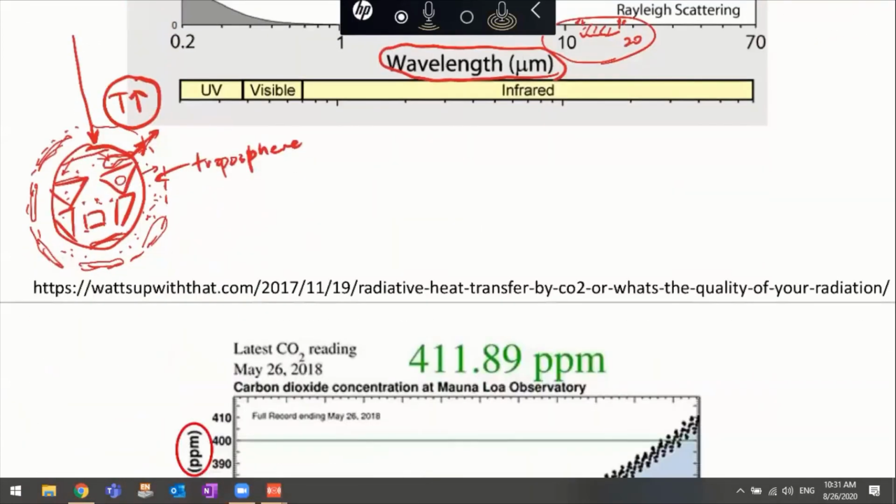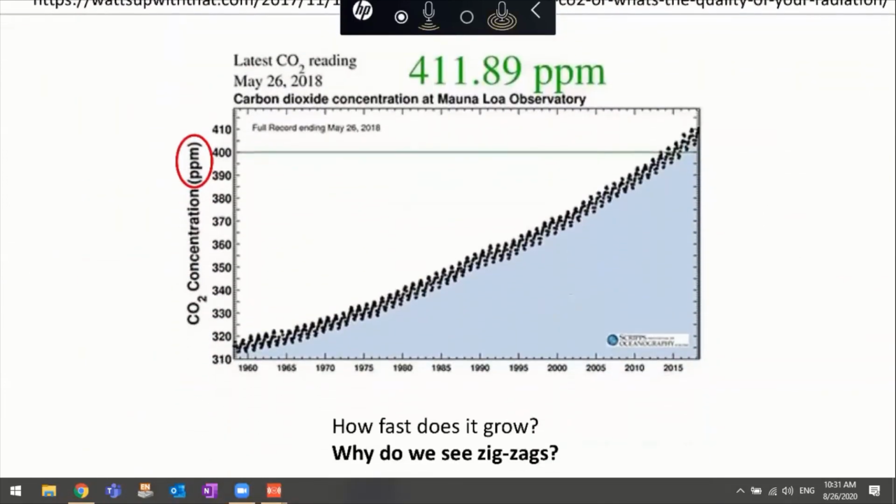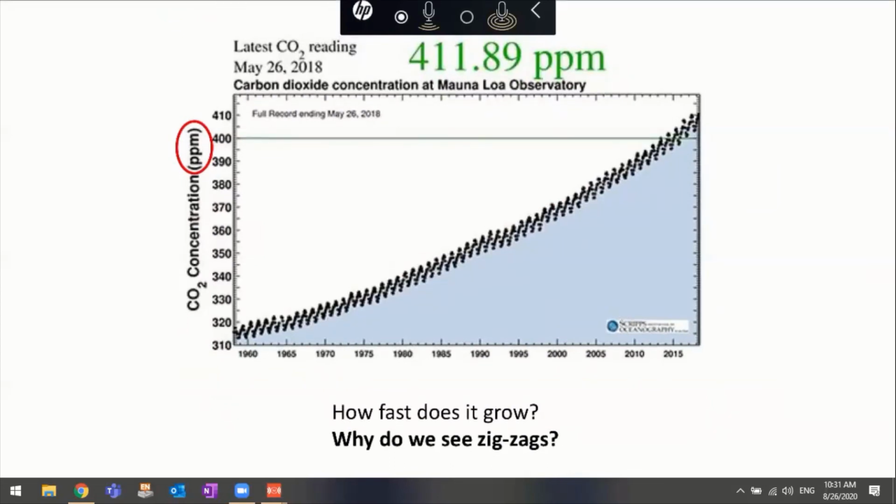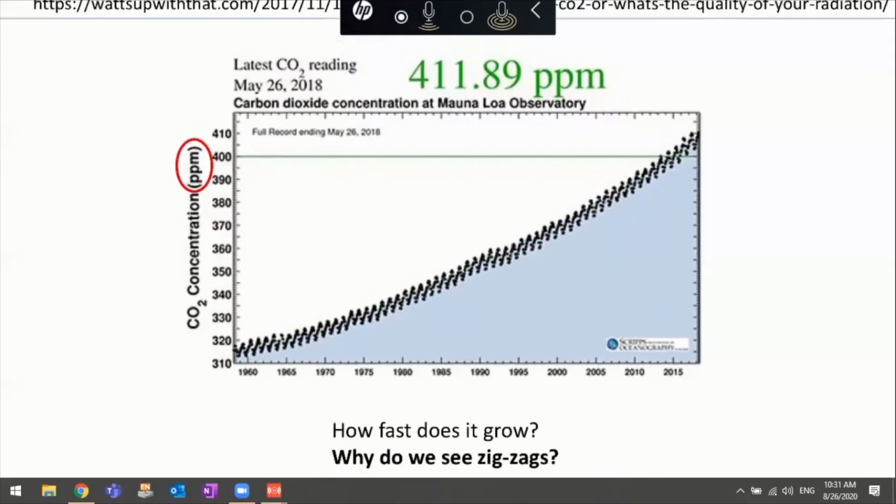A very striking piece of evidence is that we're seeing a rapid increase of carbon dioxide. This graph shows the time series of the carbon dioxide concentration, right? It was measured in Hawaii, at the Mauna Loa Observatory.